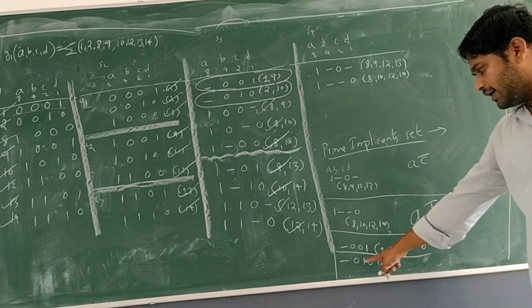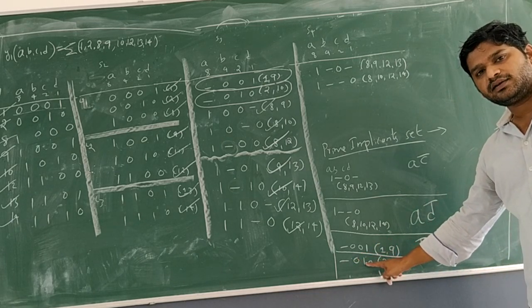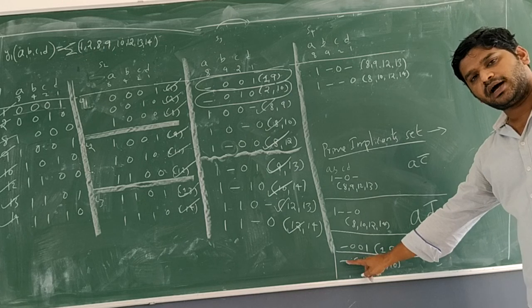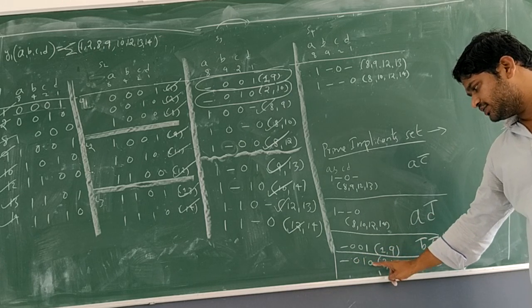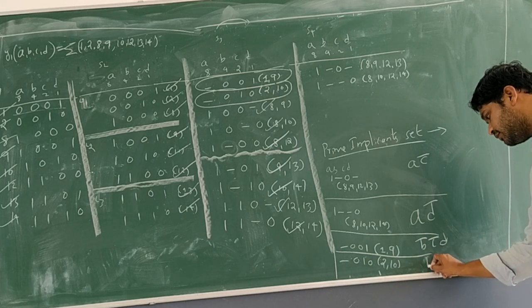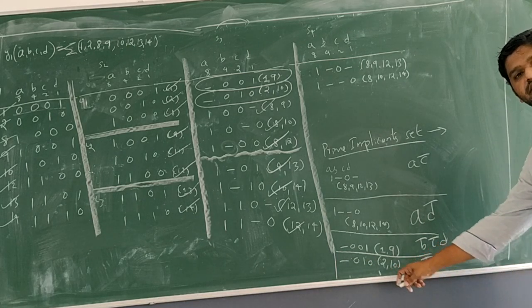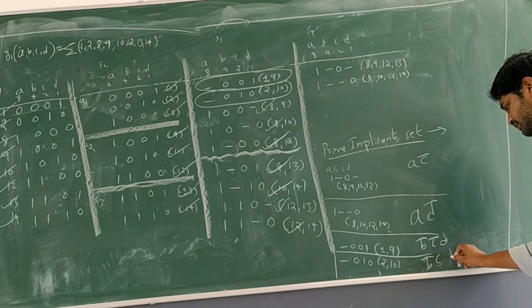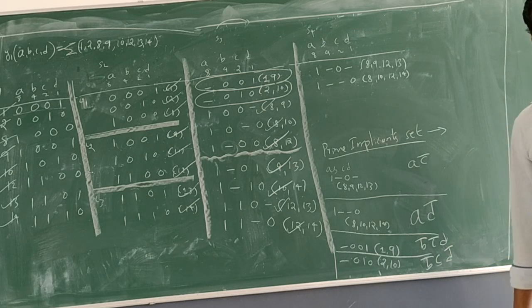Last one, hyphen 0, 1, 0. A is hyphen, skip it. B is 0, hence B complement. C is 1, hence it is C. D is 0, hence it is D complement.